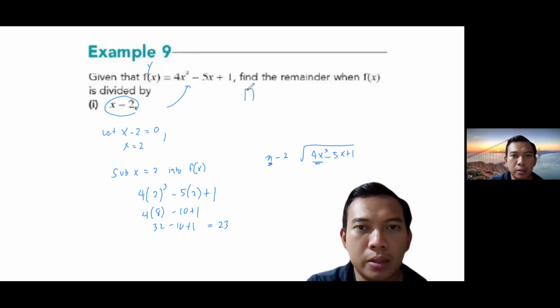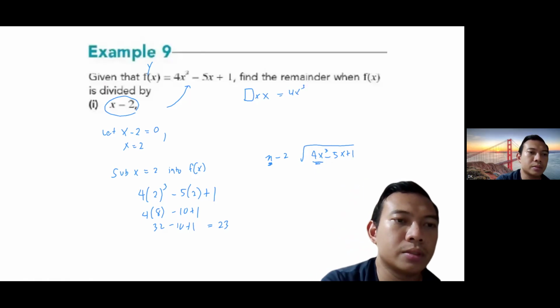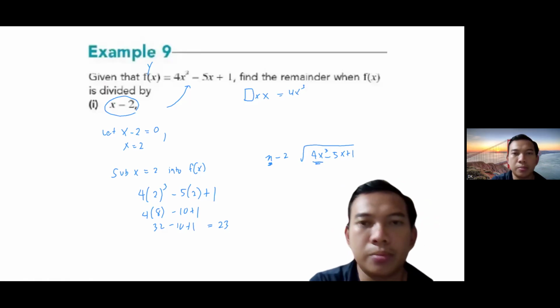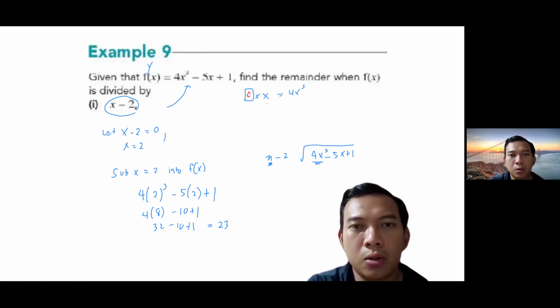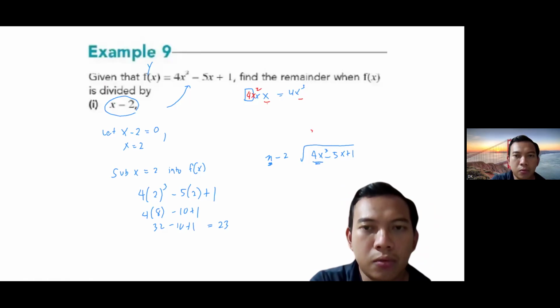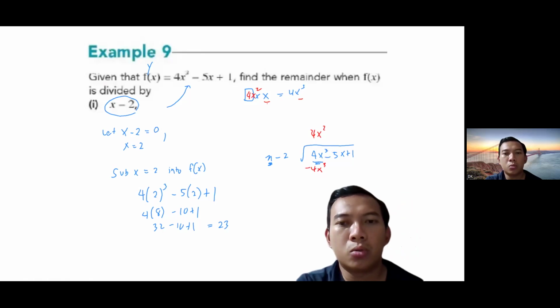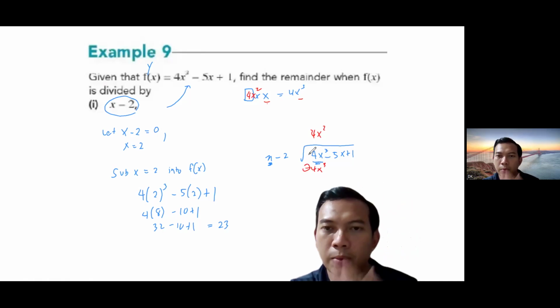So what times x equals 4x cubed? In this case it's 4, and to get x cubed we have to find x squared. So 4x squared times x, you get 4x cubed, minus off, automatically minus.